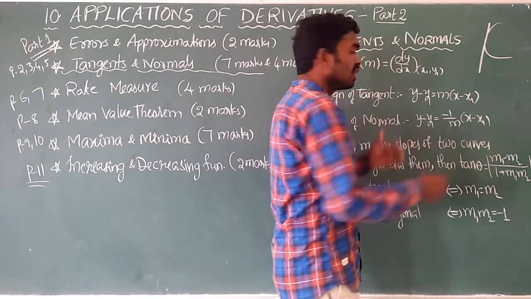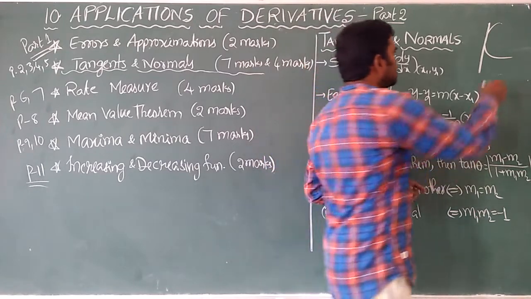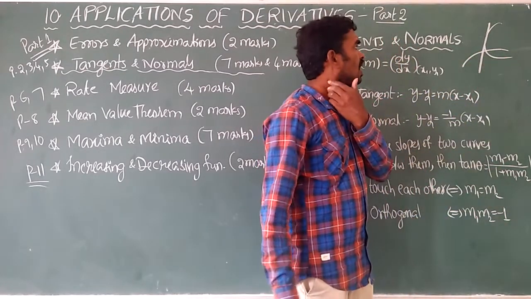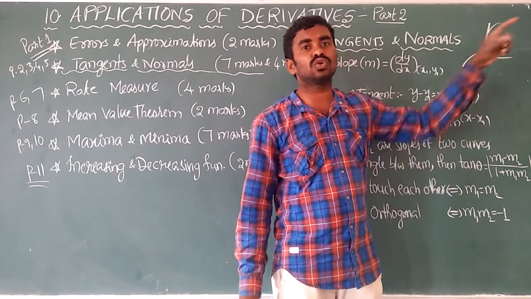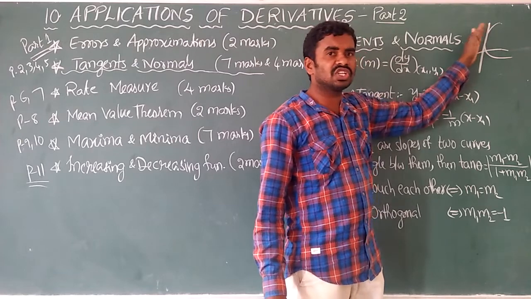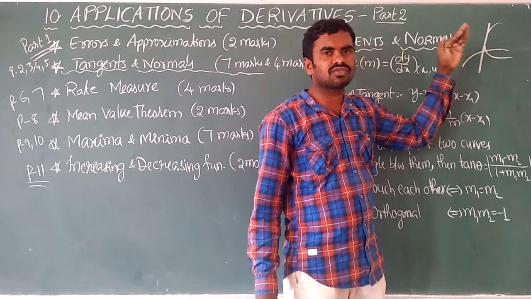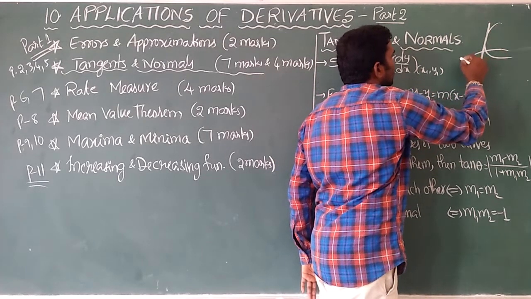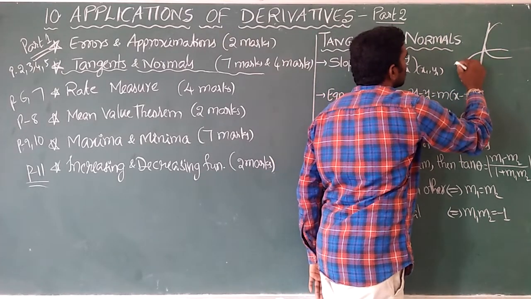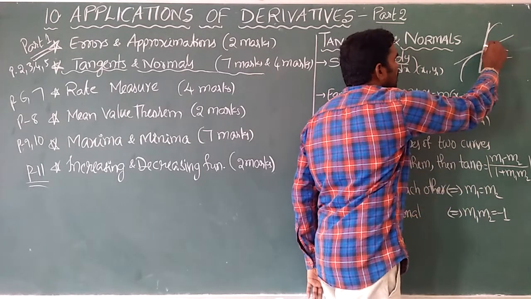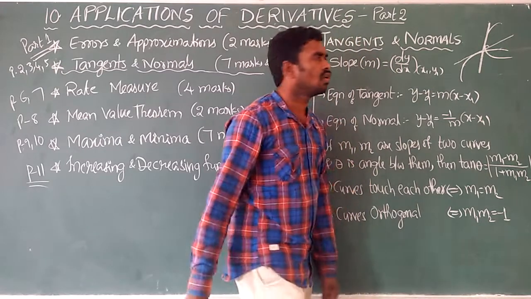If two curves touch each other, then how can we find the angle between the two curves? We should draw the two tangents of the two curves. One is the tangent of this curve and the second is the tangent of this curve, this touching line.